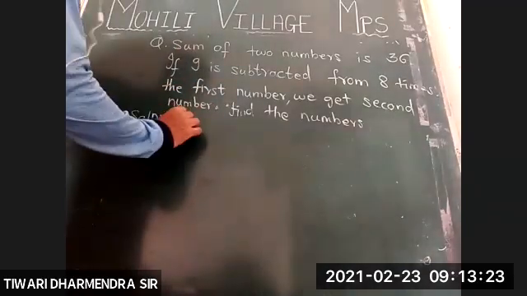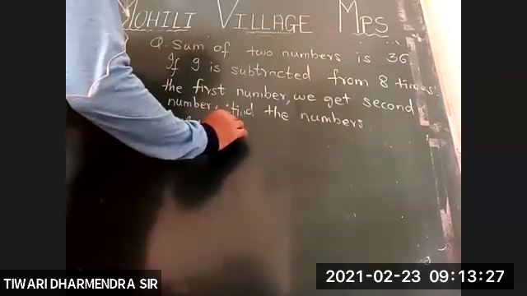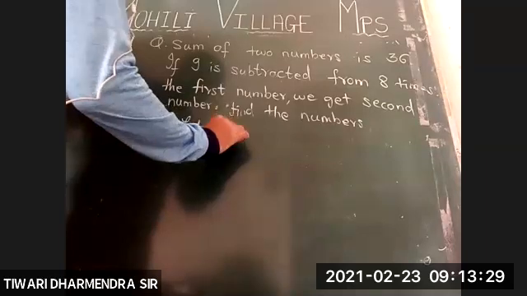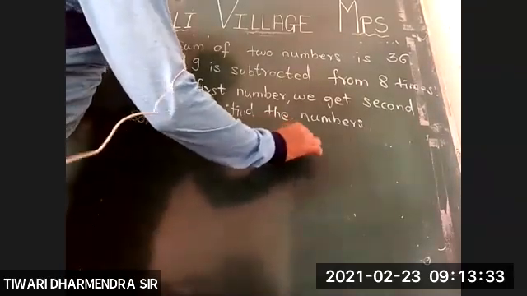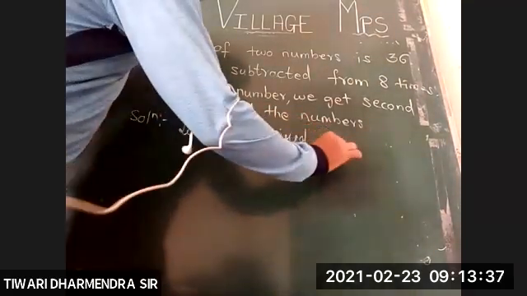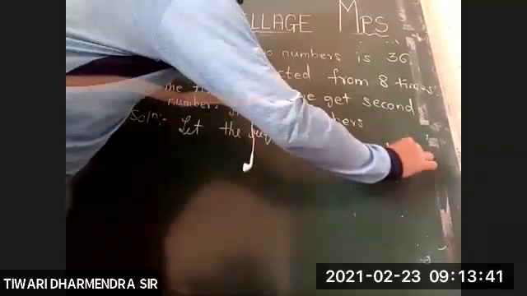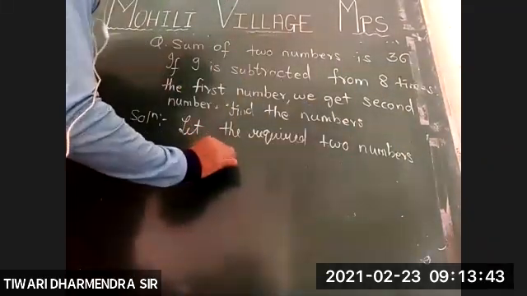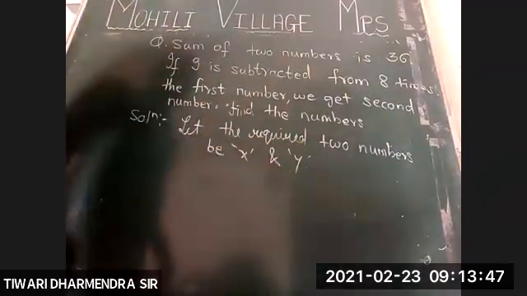So let the required two numbers be x and y.